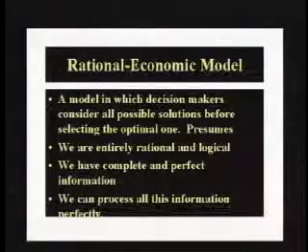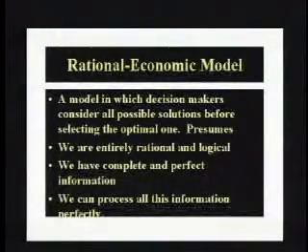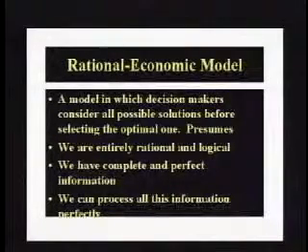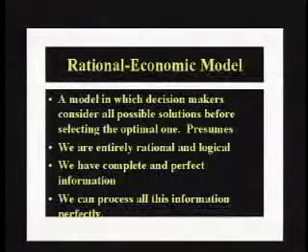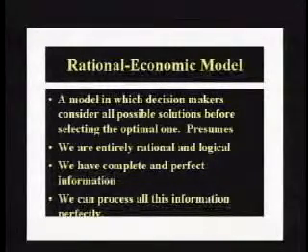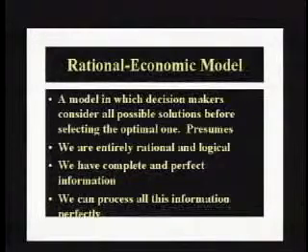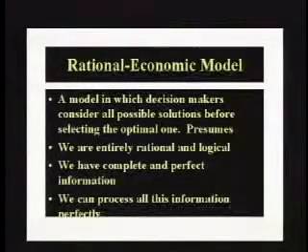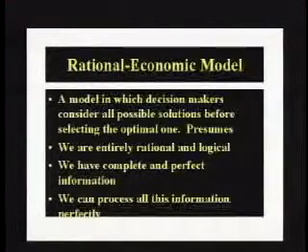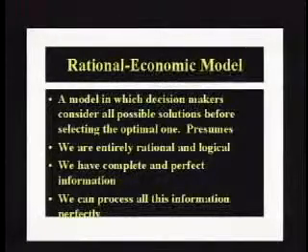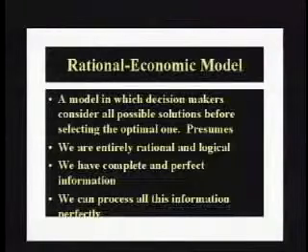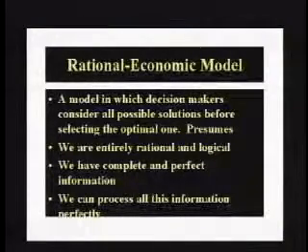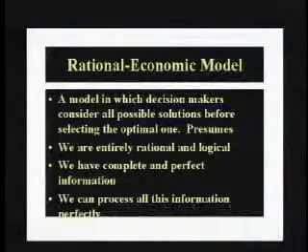This model presumed that in making a decision, any decision, even what car you want to buy, whether to put money into savings or whether to pay off your credit card, whatever it was, you had all the information that was necessary to make the decision. You knew all of the alternatives, and in weighing the alternatives, you would be perfectly rational and perfectly logical.